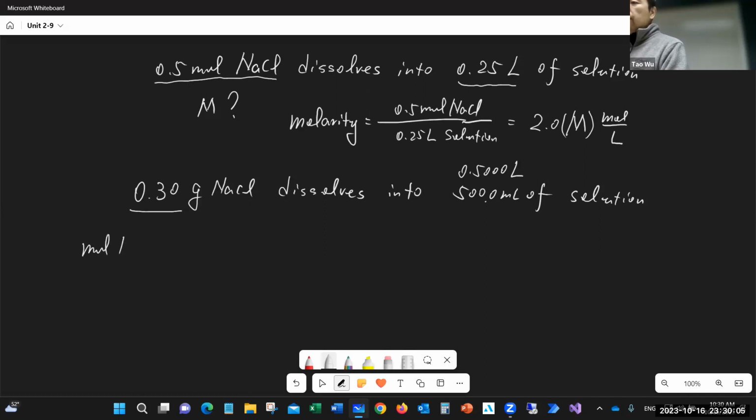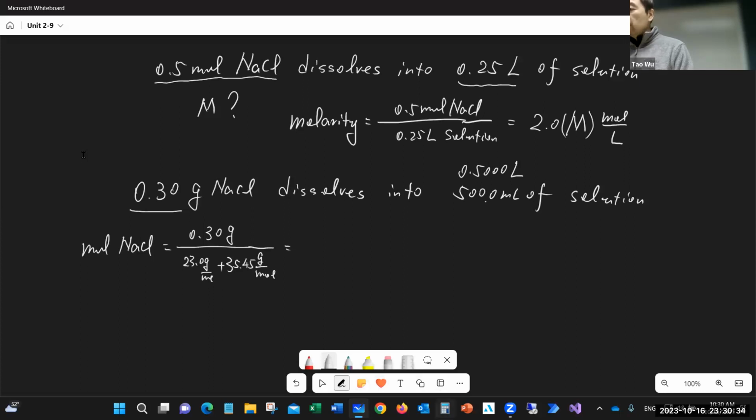Mole of sodium chloride is equal to mass over molar mass. The molar mass of sodium chloride is 23.0 gram per mole plus 35.45 gram per mole.